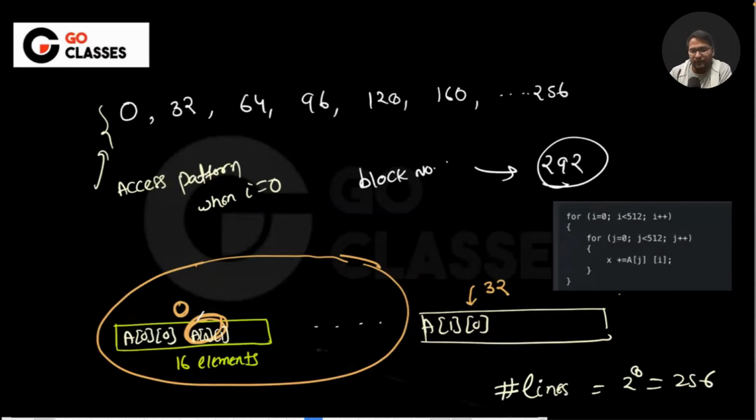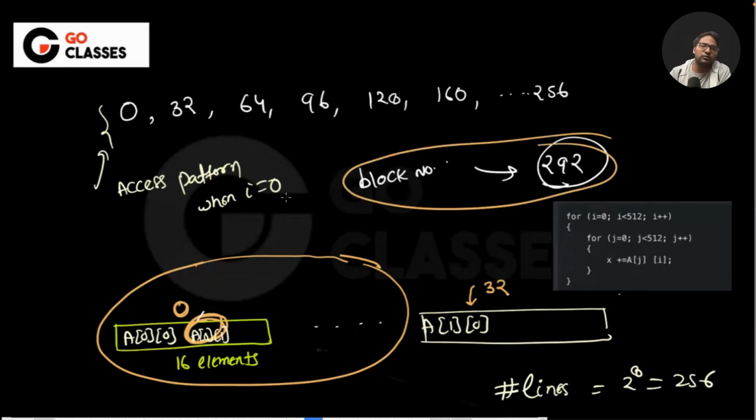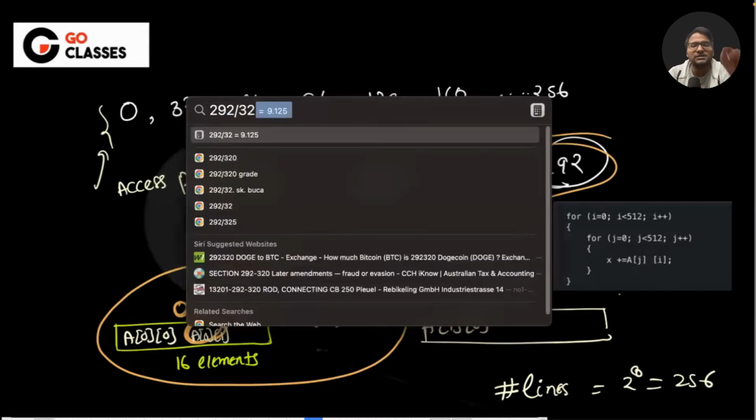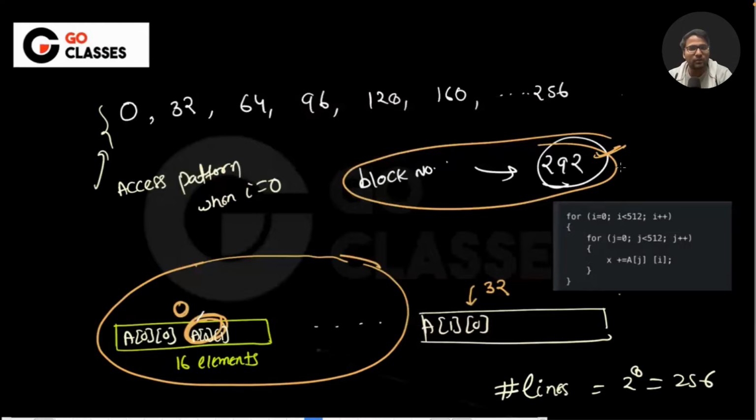Now suppose I just ask you randomly whether you are going to access this block number whenever I is 0, what do you think? You can just see whether 292 is divisible by 32 or not. Since it is not perfectly divisible, tell me, are you going to access this particular block number? No, because it is not divisible. See, are you going to access 32? Yes, because you are doing plus 32, right?